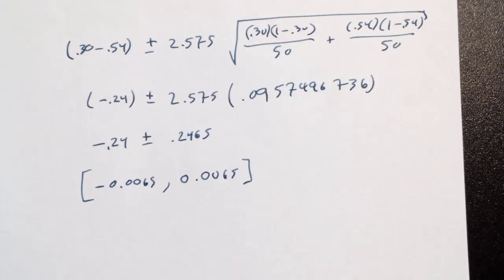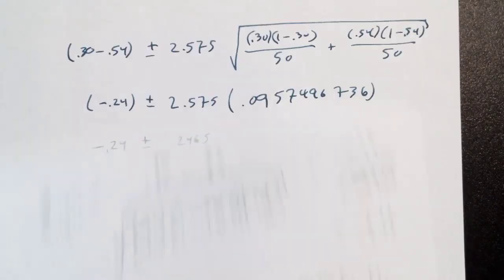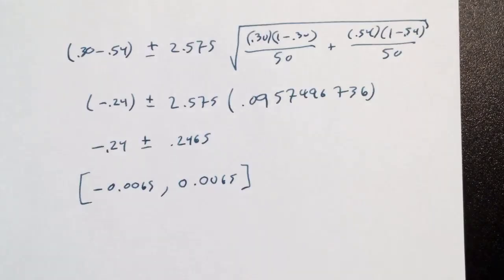In my result, we rejected the null hypothesis, didn't we? If I go back here and I look at what we did in this problem, we rejected. It's really a very close call, isn't it?